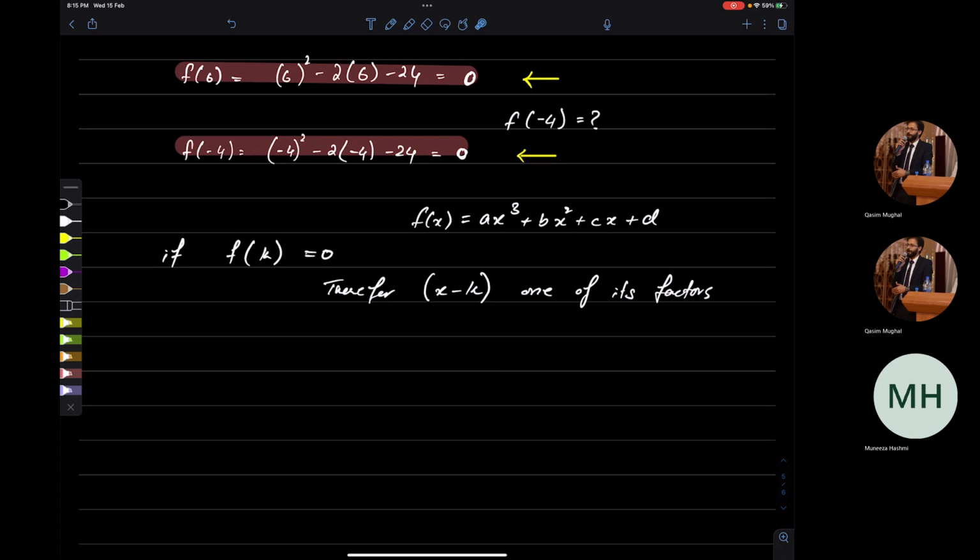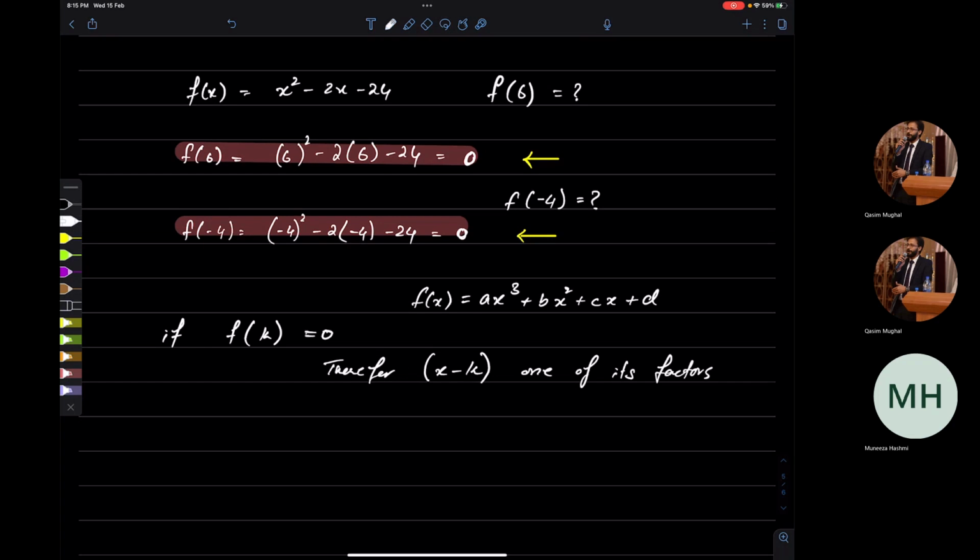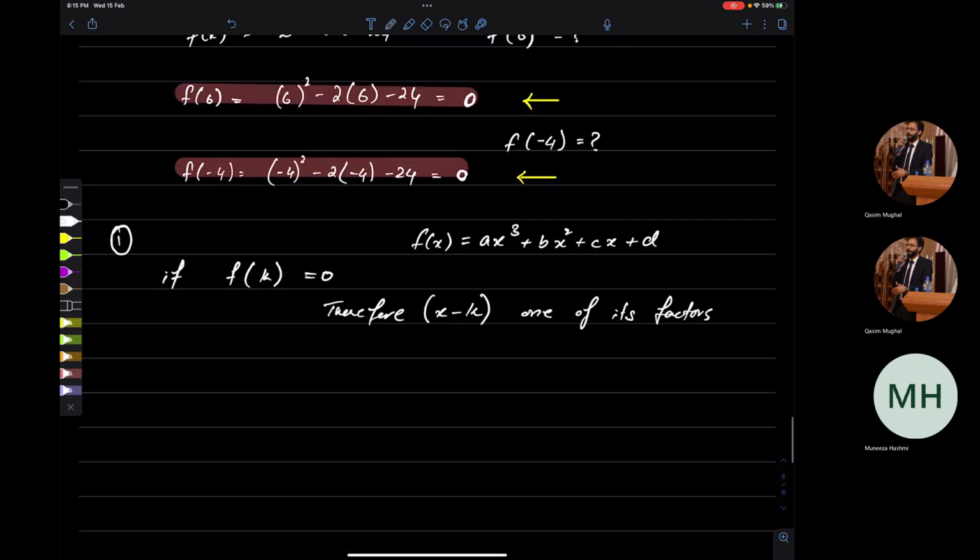That's one perspective. I was provided with a number, I plugged it into the function, the answer came out as 0, and therefore I deduced that changing the sign of that number and putting it with the x gives one of the factors of the given polynomial.